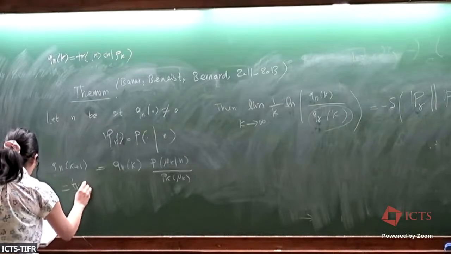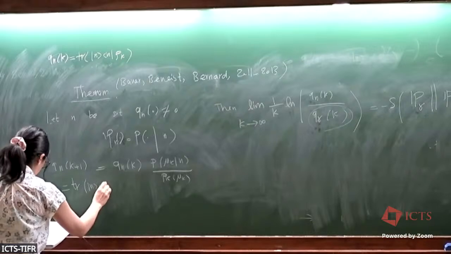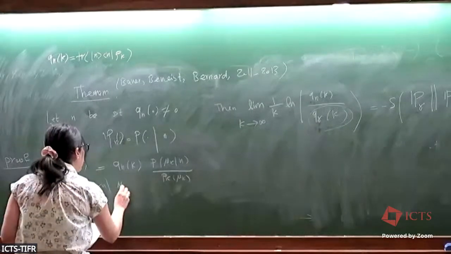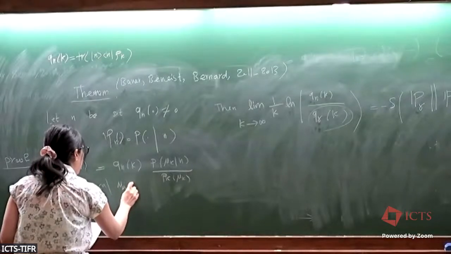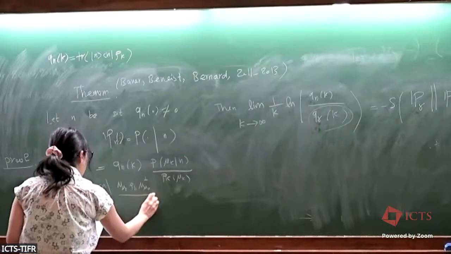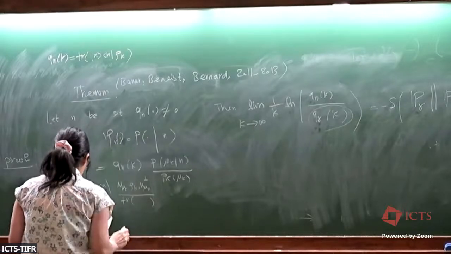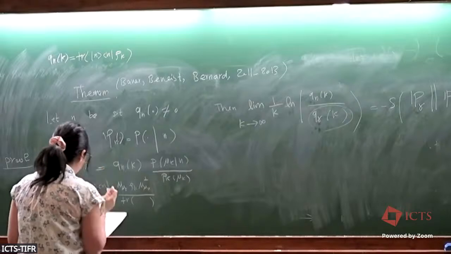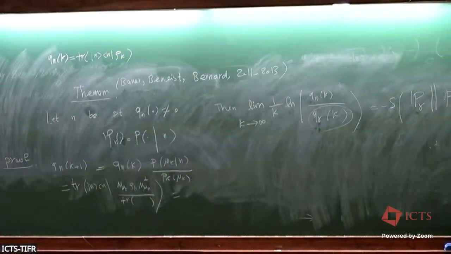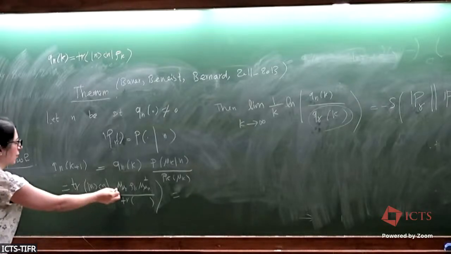In fact, it's the trace of Nn rho k plus 1, which is mu k rho k mu k dagger over its trace. Now you use just the fact that your measurement operator mu k commutes with Nn.